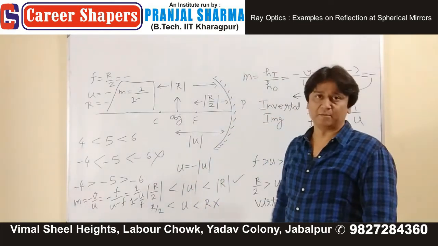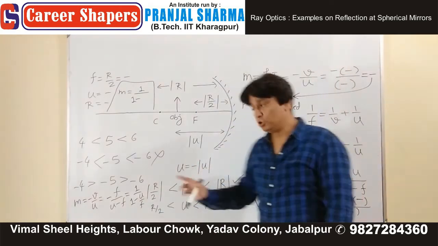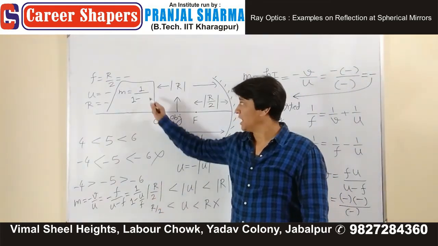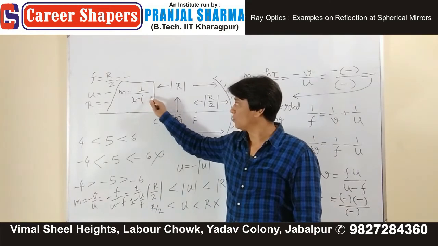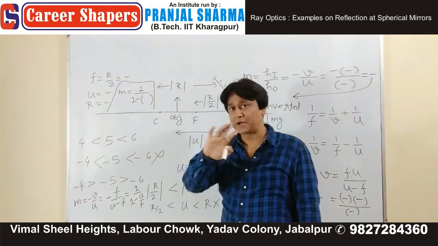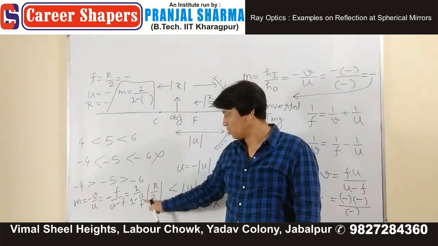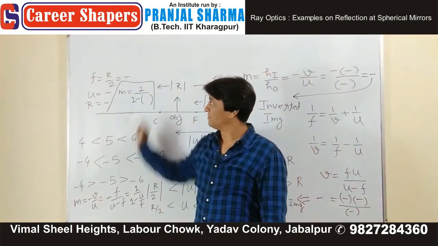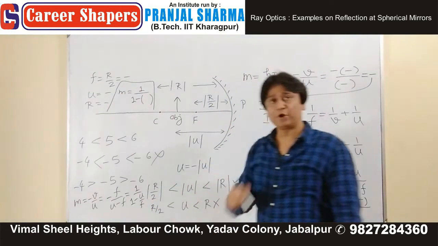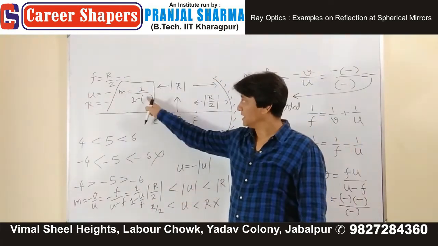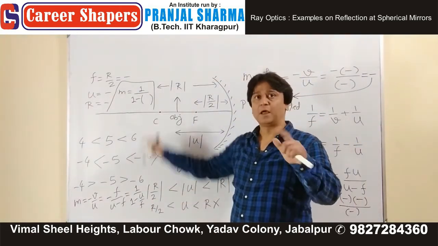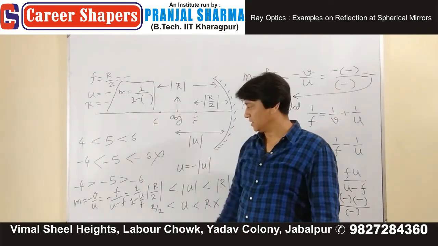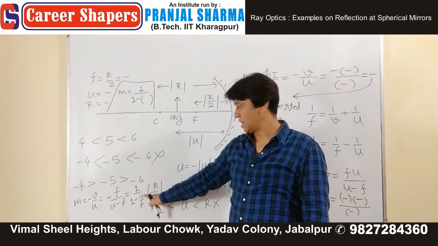Another negative number. U is a negative number, f is a negative number, and therefore whatever you are subtracting is a positive thing. And then the most important part, this positive number, u upon f.